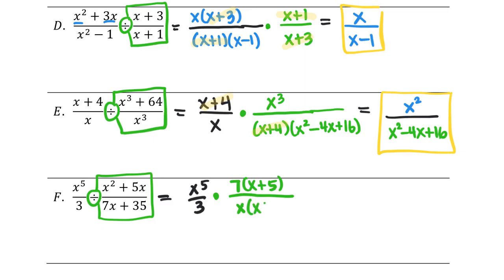So x times x, x times 5. Okay, let's cancel that out. In the numerator, I still have a 7. For the x's, I have x to the fifth over x, so I can cancel this x out. If I cancel the x out, then this is going to go down to x to the fourth. And then in the denominator now, the only thing left I have is the 3. So that's my final answer.